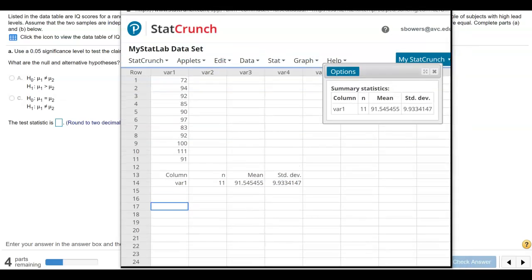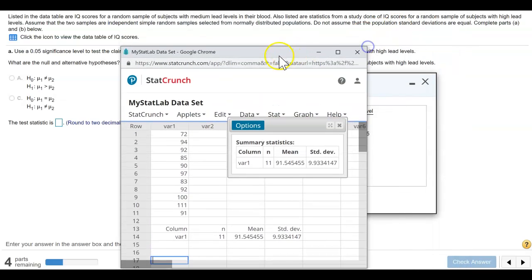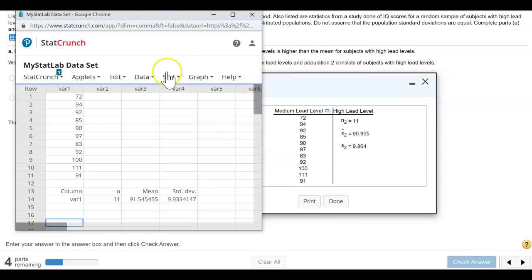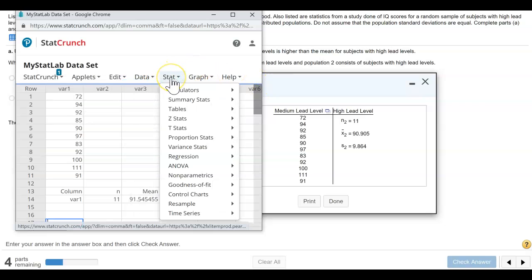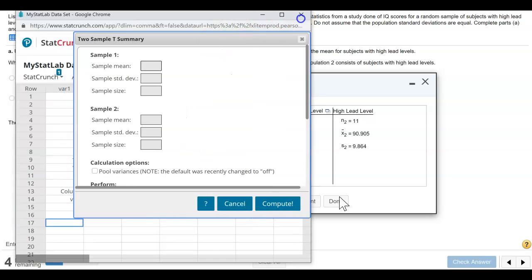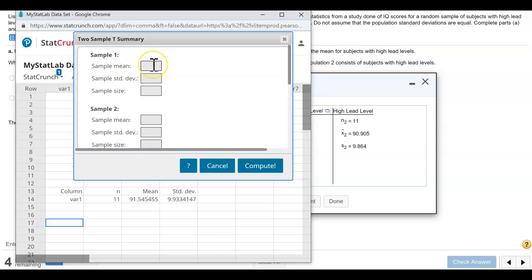Let me shrink StatCrunch a little bit so I can see the data from the second sample. We can close these results. Now go to Stat, T Stats, Two sample, With summary. Enter the summary statistics for the first sample, mean 91.545.